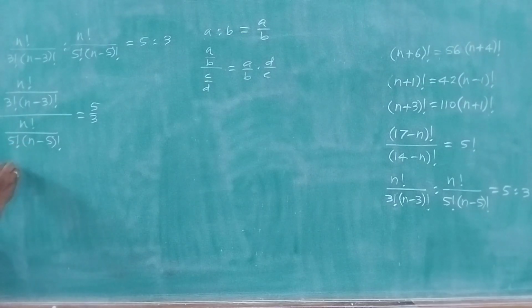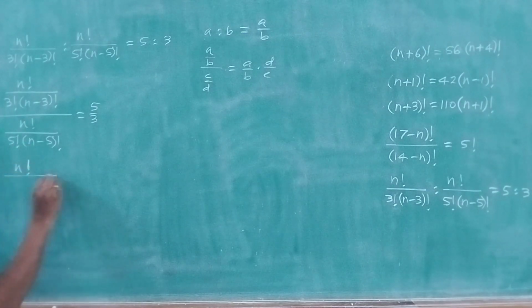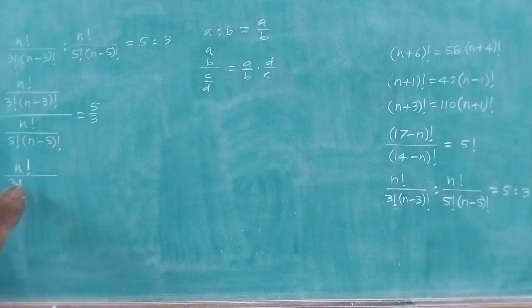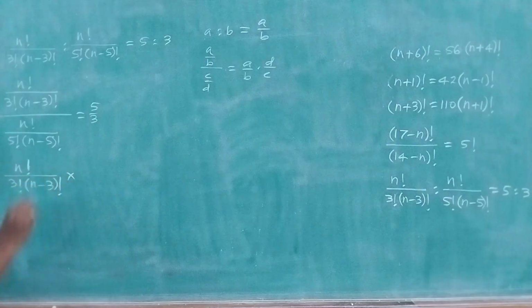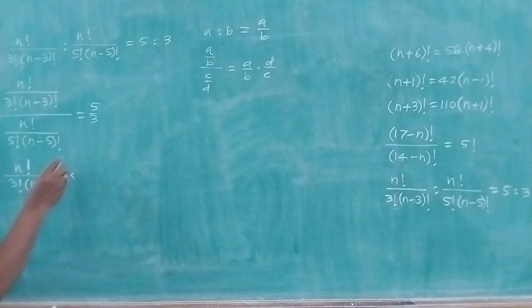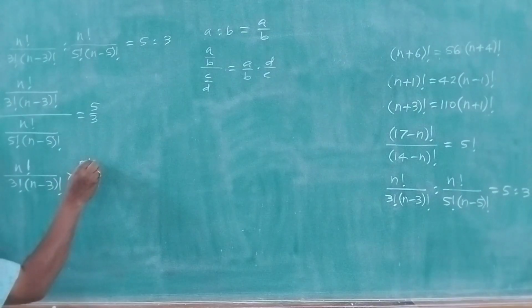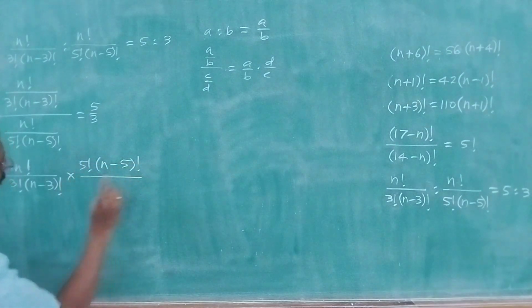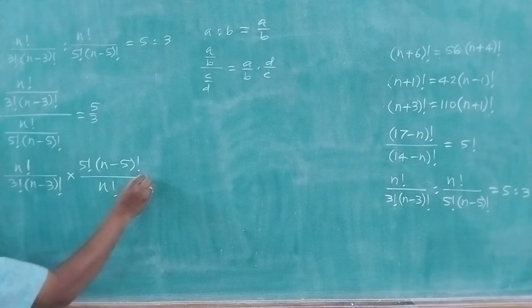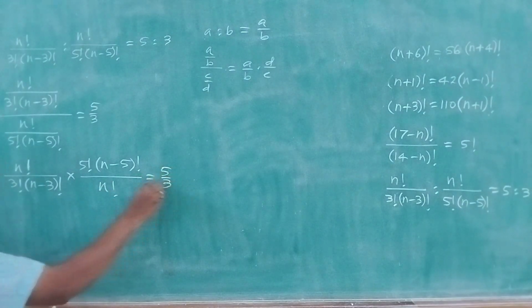Let us make use of this: n factorial divided by 3 factorial into (n minus 3) factorial, multiplied by the term in the denominator shifted to the numerator in reciprocal form, 5 factorial multiplied by (n minus 5) factorial divided by n factorial, is equal to 5 divided by 3.